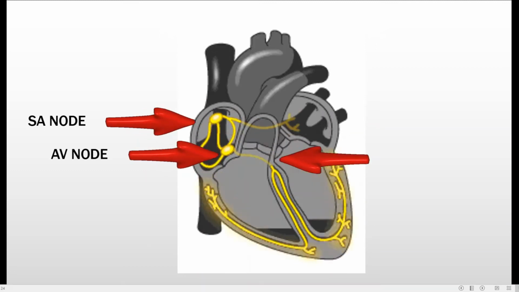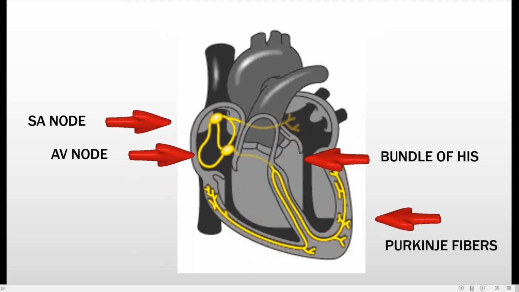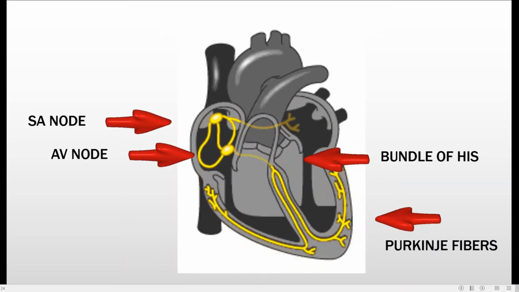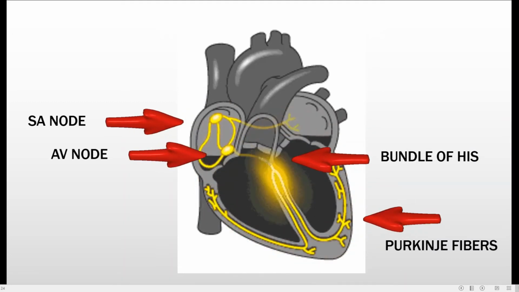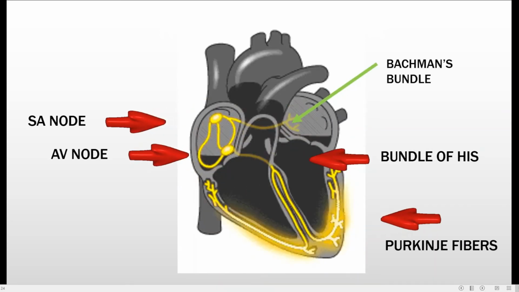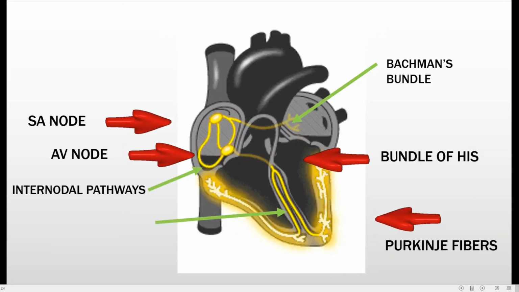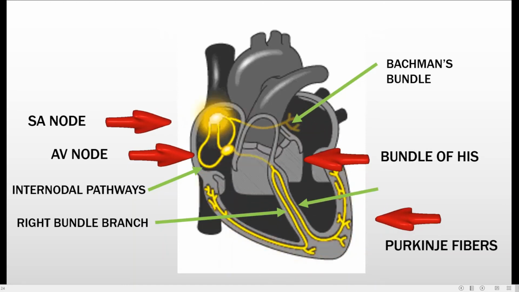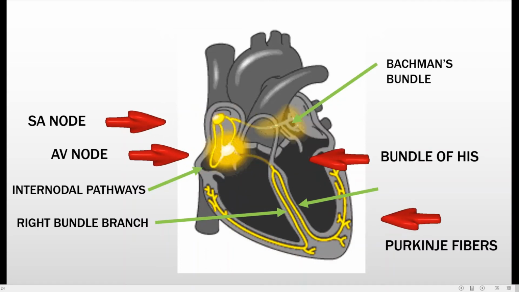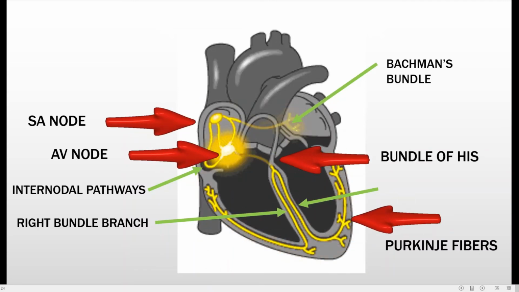Then in your septum we have your bundle of His, and in the apex of your heart, we have your Purkinje fibers, and we also have the minor cells here, which is your Bachmann's bundle, and then internodal pathways, and the left and right branch that separates your left and right ventricles going to your Purkinje fibers. Okay.